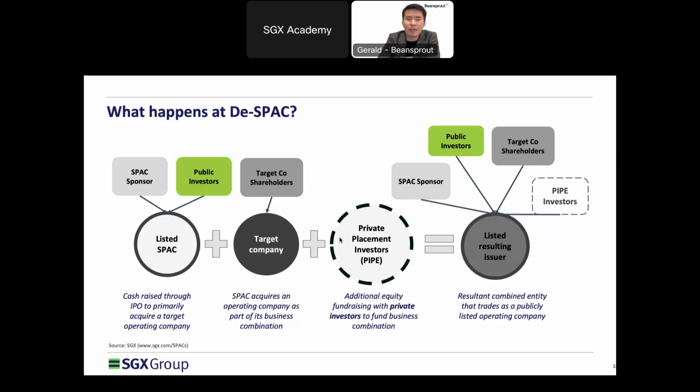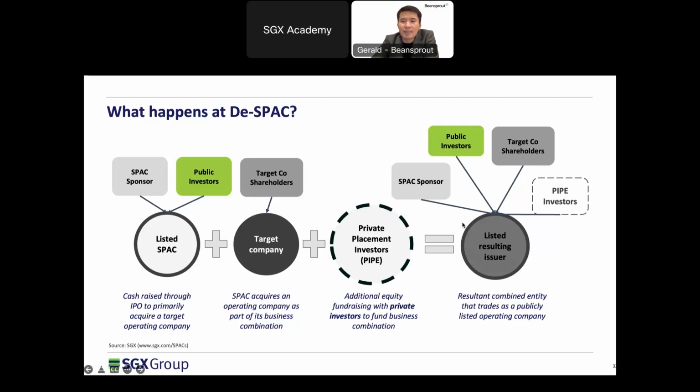So for example, if the acquisition is at a fairly high valuation, the amount that has been raised through the IPO is not sufficient to actually fund all the amount that's required to acquire this target company, then these private placement investors or PIPE investors can come in to provide the additional equity.